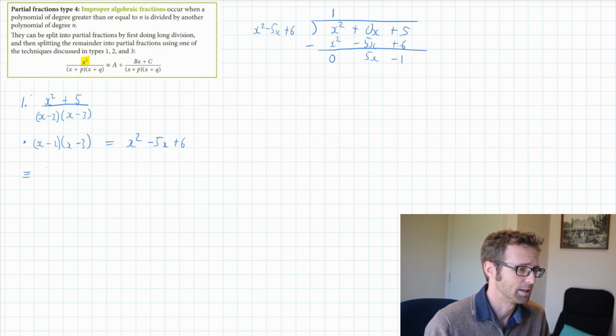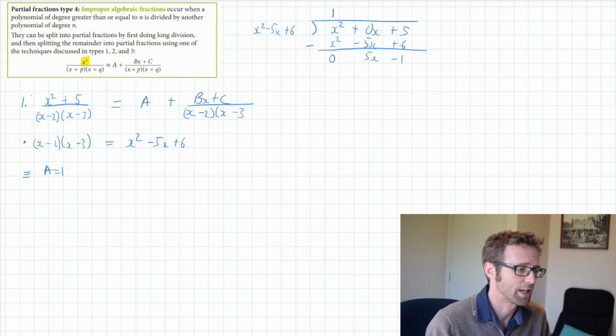Okay, so we're now able to split this up. A is equal to 1, and now we're going to have bx plus c all over x minus 2 times x minus 3.